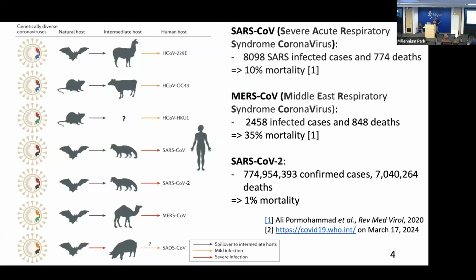You may not know about the Middle Eastern Respiratory Syndrome coronavirus, which, if you get it, you're much worse off compared to SARS-CoV-2, which was much more widespread. And because of these recurring coronaviruses, there's been interest in designing drugs that will work against not just one coronavirus, but multiple coronaviruses.